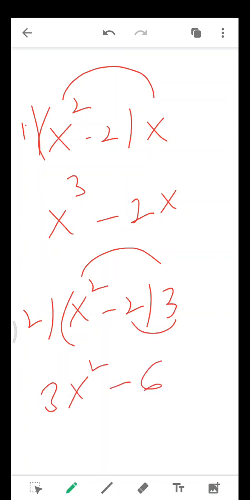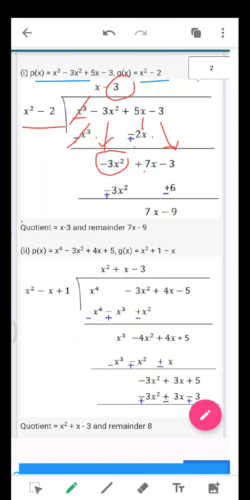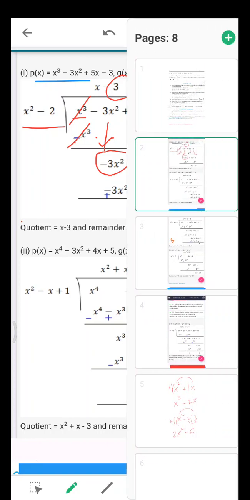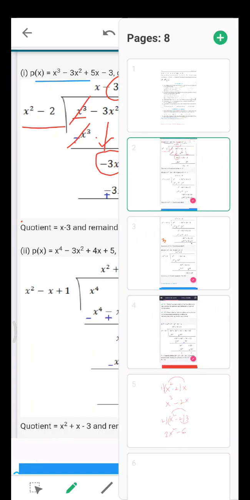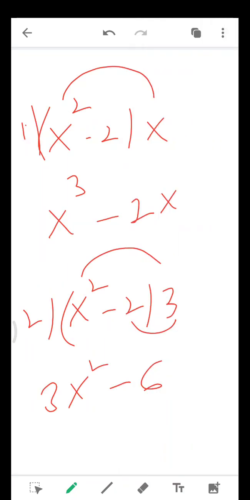So it should be minus 3x square, sorry, minus 3 is there, it will be minus 3x square plus 6.